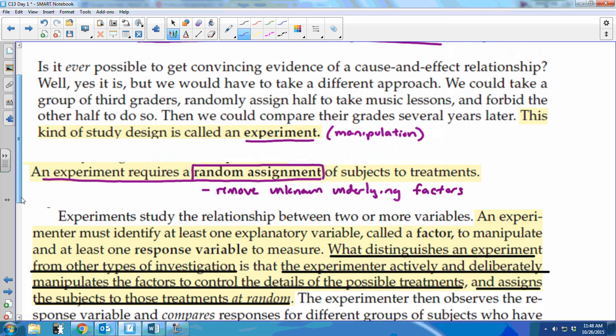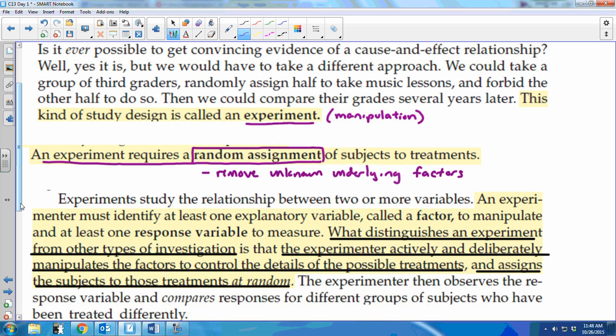Now, obviously, an experiment measures a relationship between two or more variables. So you have at least one explanatory variable. You might have multiple. And in an experiment, we call that a factor. So an explanatory variable is a factor. And then we have at least one response variable that we're going to measure at the end.